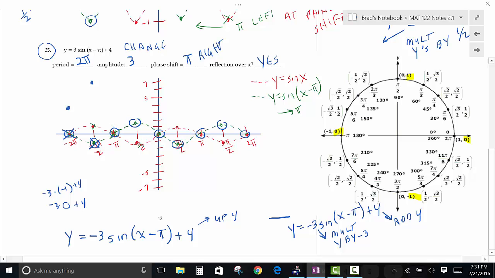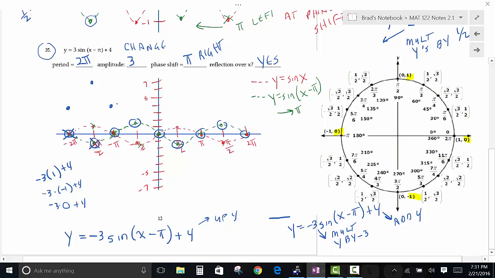Okay, this point has a y value of 0, so it's going to match with this point. So it's going to have a y value of 4. This point right here has a y value of 1, so you're going to do negative 3 times 1 plus 4. Well, that's equal to 1. So that point right there actually is going to have a y value of 1 when you do that.